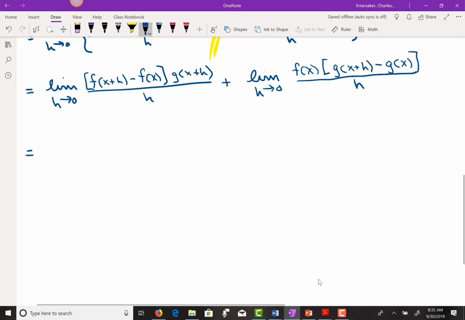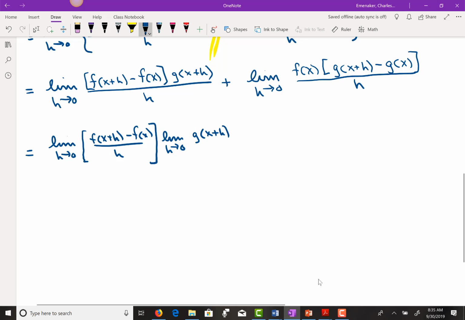And I'll tell you, you can break it apart into two pieces with the limit applied to this deal, f of x plus h minus f of x over h, times the limit as h goes to 0 of this g of x plus h.